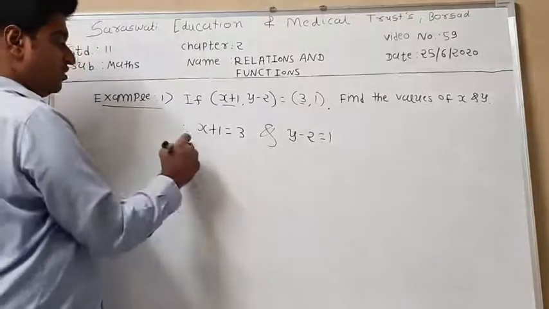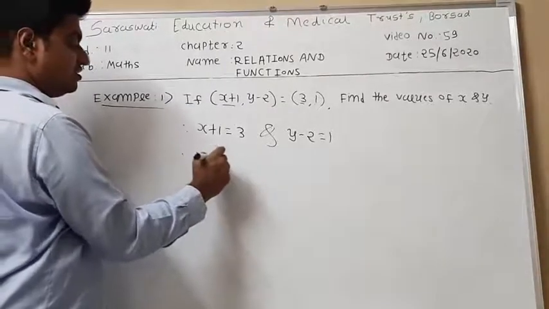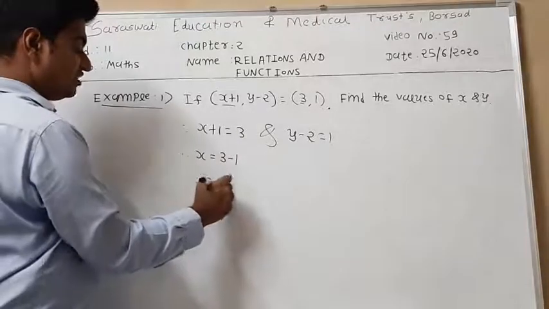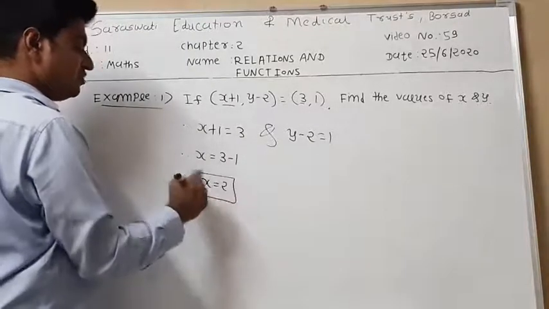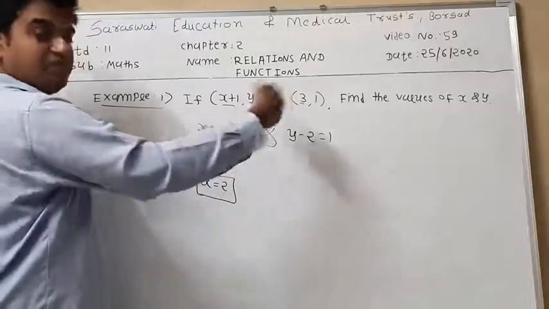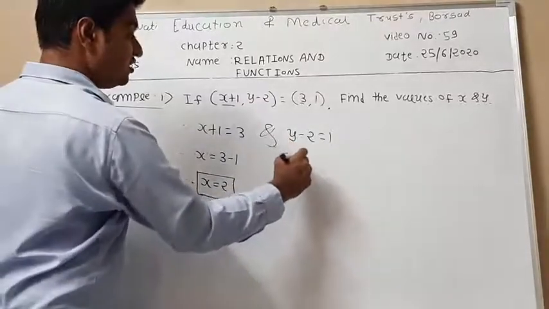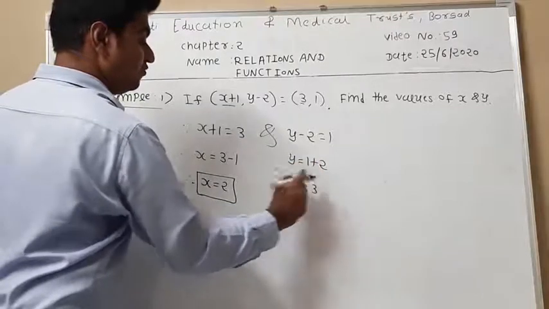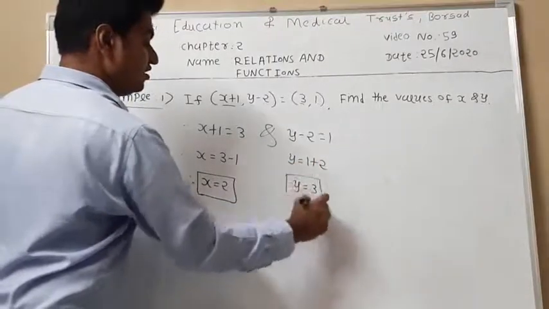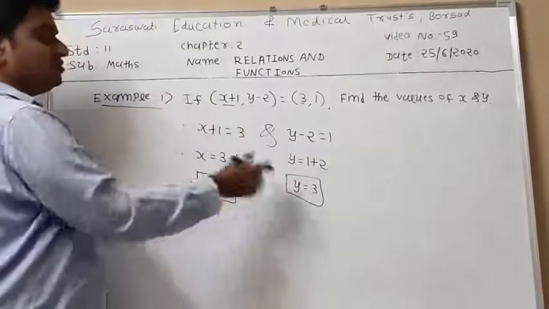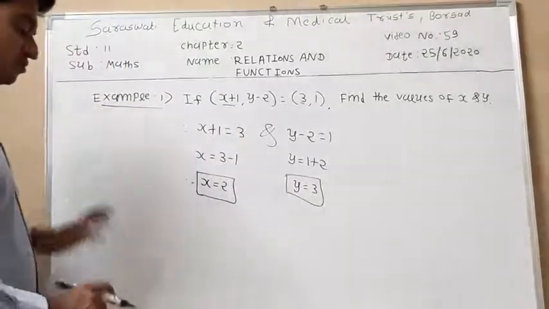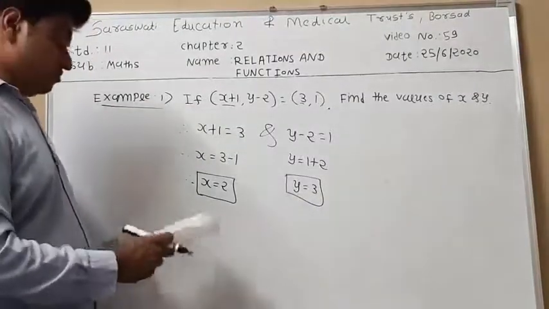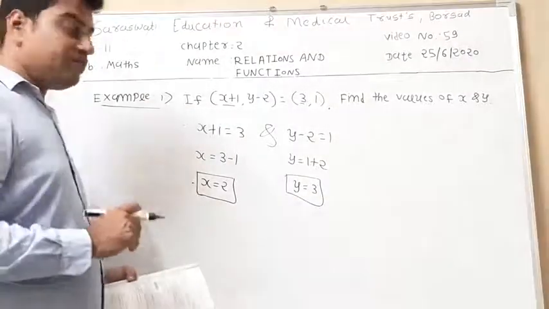Now +1 goes to the opposite side, so x = 3 - 1, therefore x = 2. In the same way, -2 goes to the opposite side, so y = 1 + 2, therefore y = 3. So our final answer is x = 2 and y = 3. Now the same type of question is present in exercise 2.1.